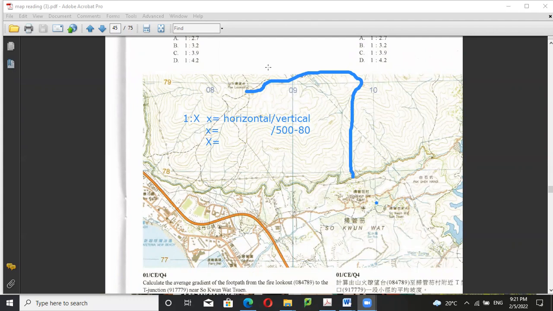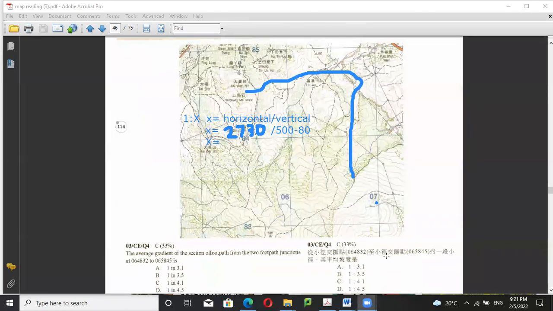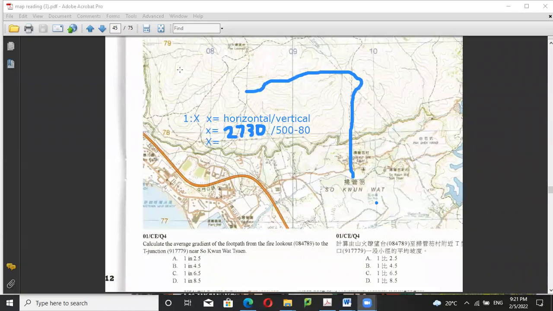Then my calculation is like this. I calculate around 14 cm. It should be like this, and then after calculation it should be C. Then the answer should be C right here.